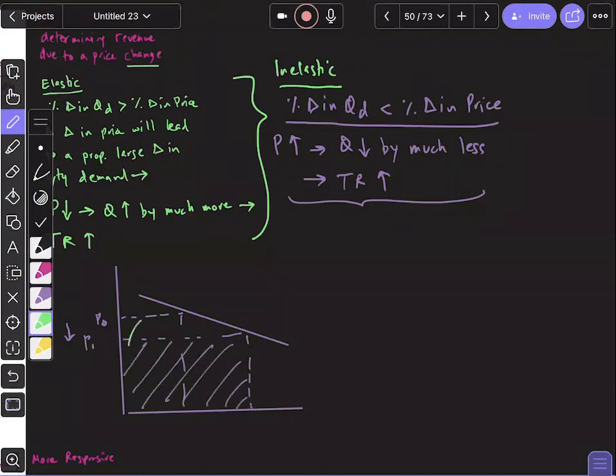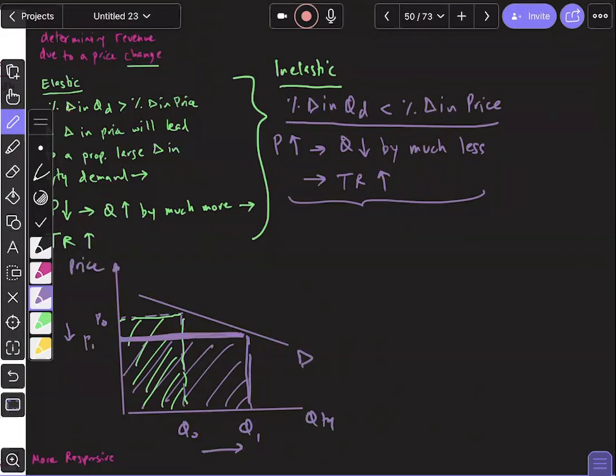This is the total revenue before. Clearly, this area in green is much less than this area in purple, as the quantity is rising by much more, making the total revenue go up. Okay, so you talk about that.